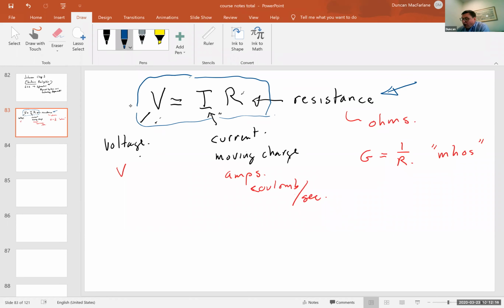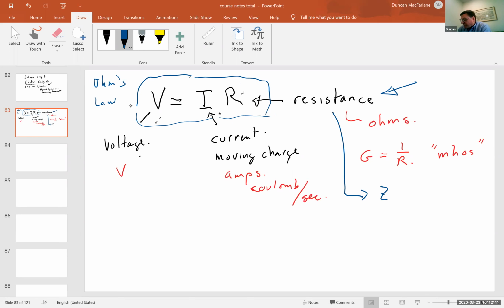The meaning of R will change a little bit, but the fundamental Ohm's law, V equals IR, will stay the same.